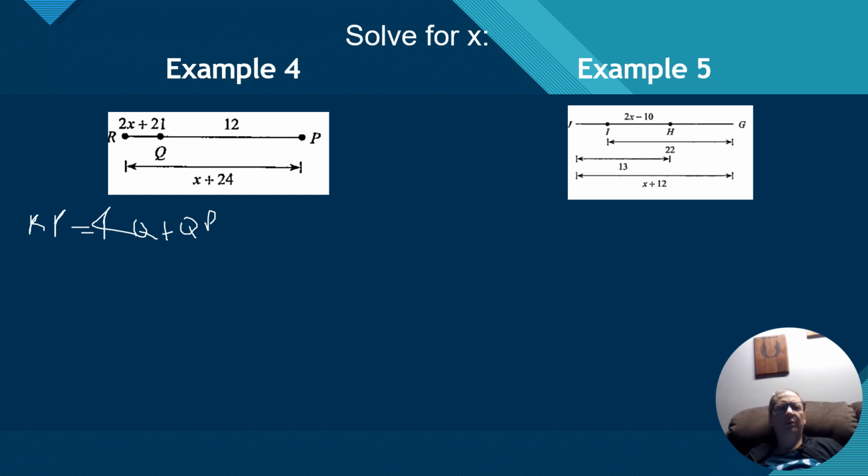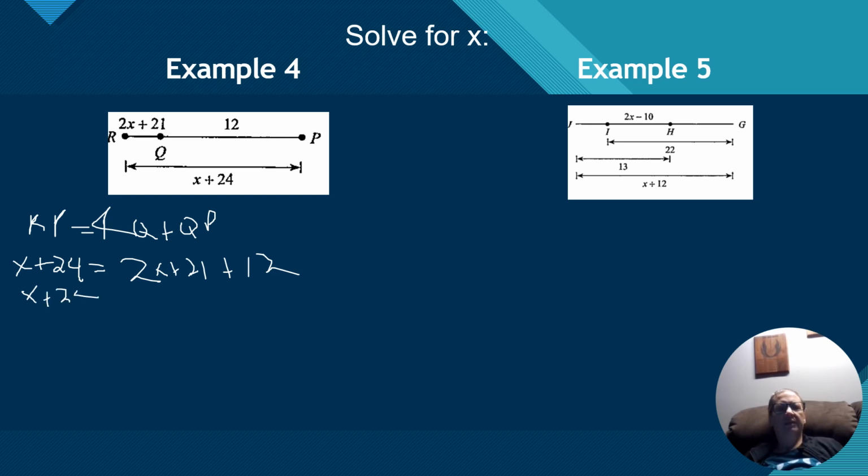And then we're just going to put in our information from the diagram in there. So RP is x plus 24. RQ is 2x plus 21. And QP is 12. So now all I have to do is combine like terms and solve the equation.